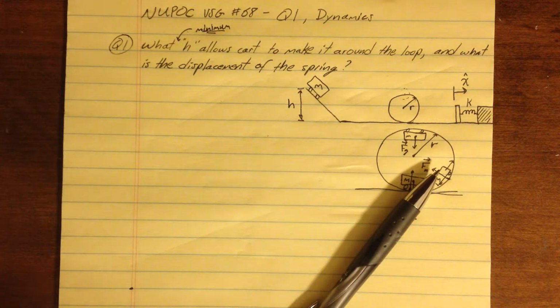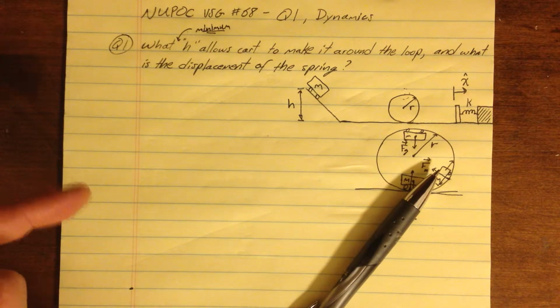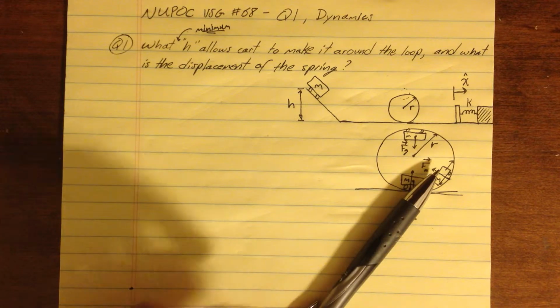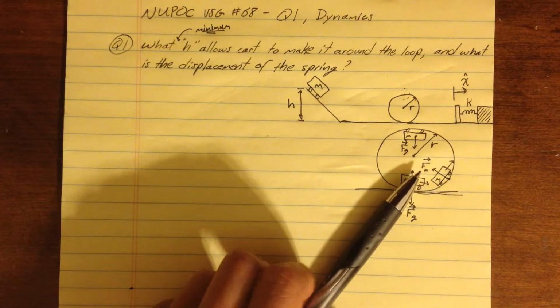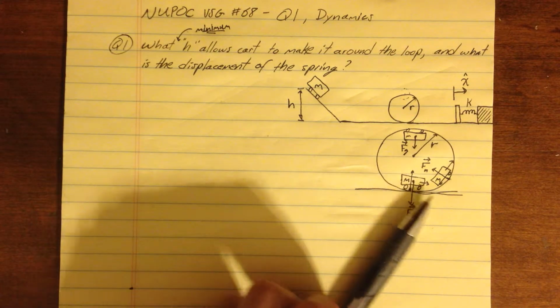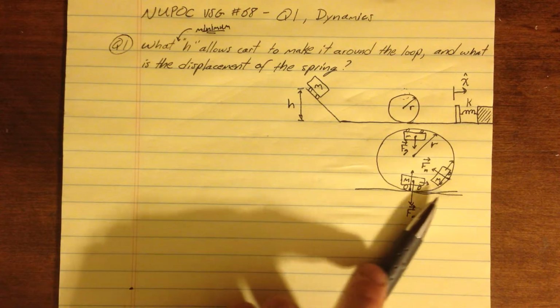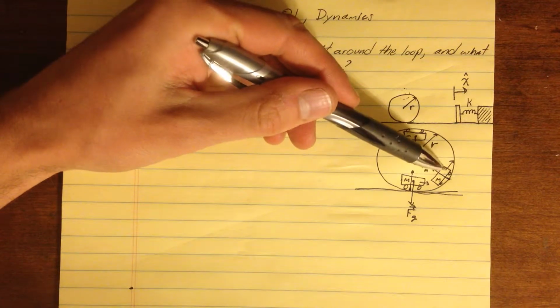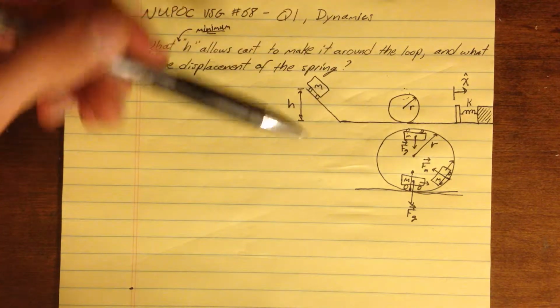And so if the velocity has changed, even if the magnitude doesn't change, of course it does change in this case due to kinetic energy being given up to potential energy, but even if just the vector direction changes, there must have been some kind of acceleration. And that acceleration is caused by a force, and in fact it's caused by the normal force of the track. So the track starts pushing on the cart as it goes through this loop, and causes it to accelerate and change its velocity vector as it goes through the loop.